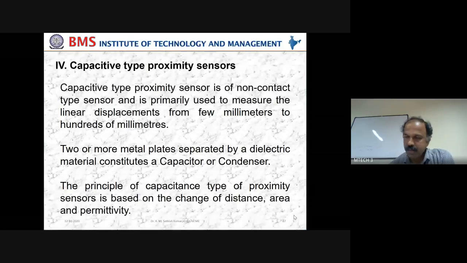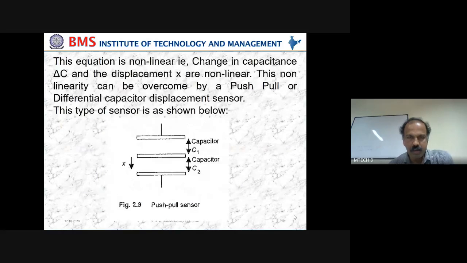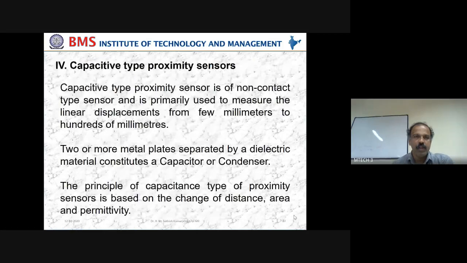Now in the capacitive type proximity sensor, we are going to consider the basic principle of capacitance.